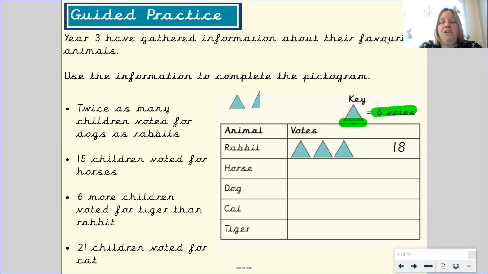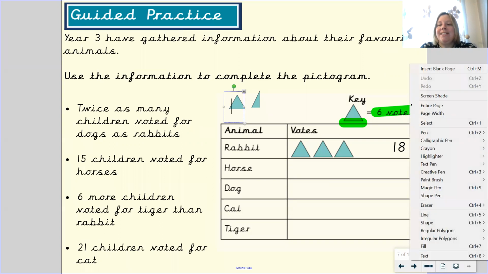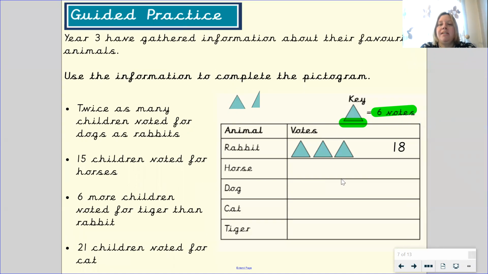So I need to show that on my pictogram. I know that one triangle represents 6. So I need to represent 36 on my pictogram. So I'm going to the dogs. 6, 12, 18.